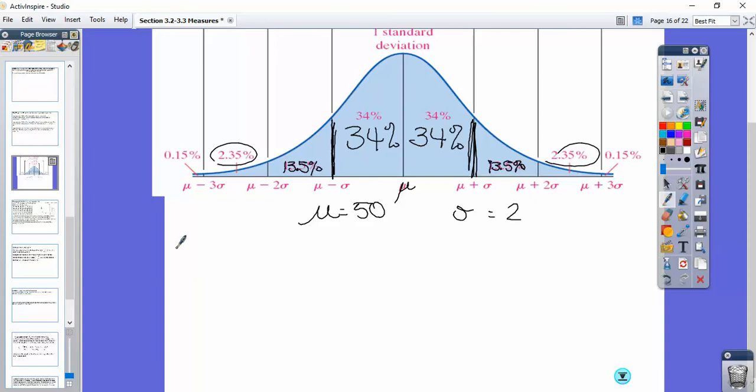So if I said what percent of the data is below 54 for this example?